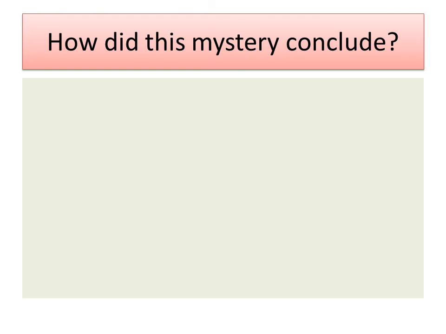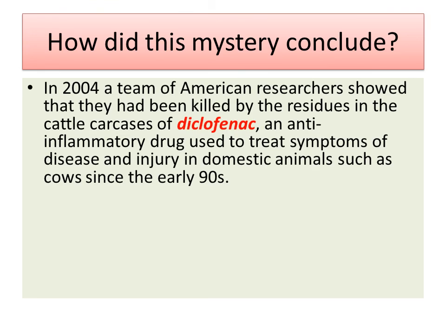So how did this mystery conclude? Well, in 2004, a team of American researchers identified the presence of a drug called diclofenac, which is an anti-inflammatory, it's a painkiller, and it has been used to treat domestic animals as well as humans, in fact, since the early 1990s. And this drug is lethal to vultures.